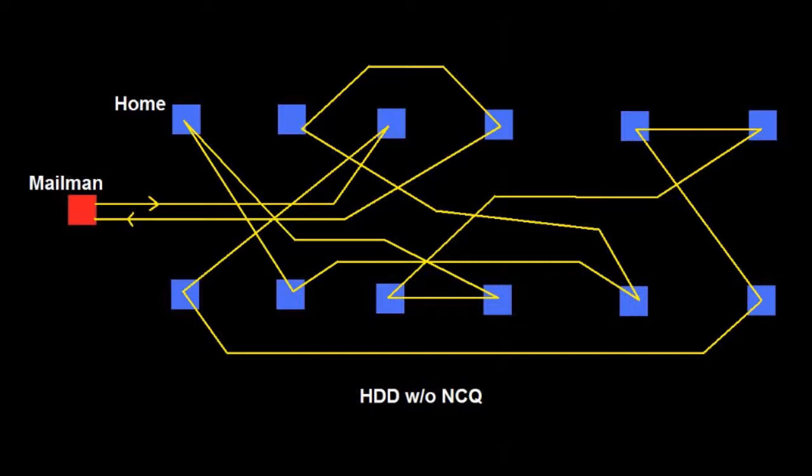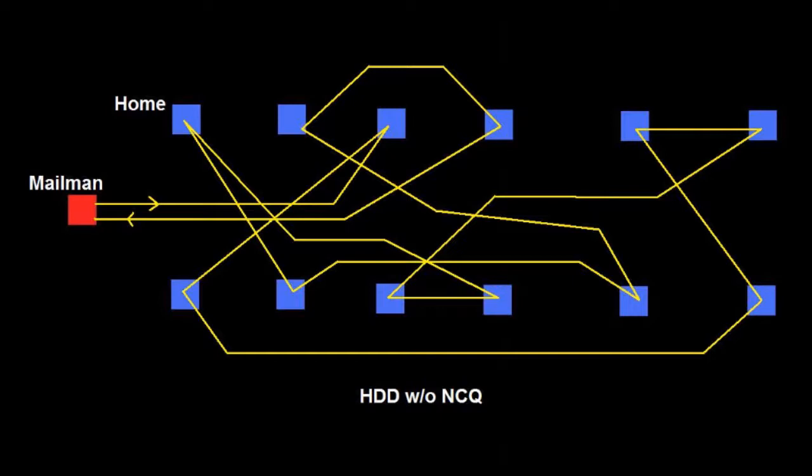Now, if you feel tired doing stuff like that, think of how much wear and tear goes on inside the hard drive with the heads and the arm and the actuator. It's constantly moving like that. Well, what if you organized your letters in order? You know where the homes are at.